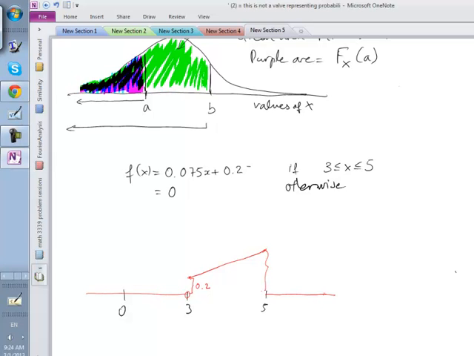Let's see what this gap is here. Of course, this gap at 5, f of 5, is 0.075 times 5 plus 0.2, and this is equal to 0.575. So this gap now is 0.575.